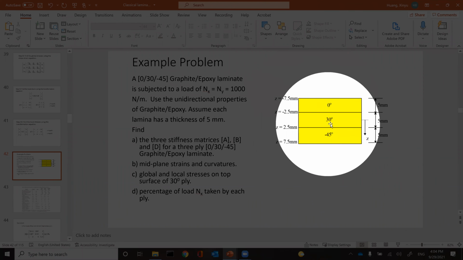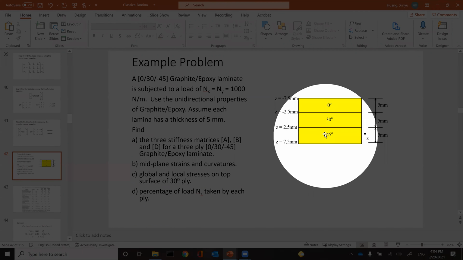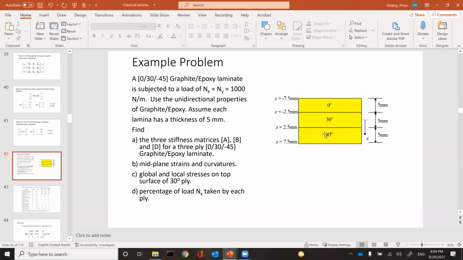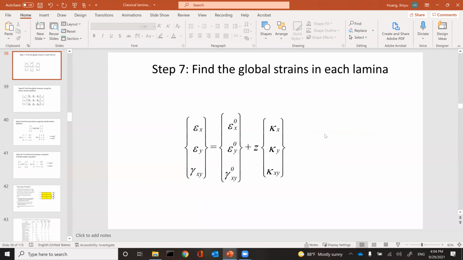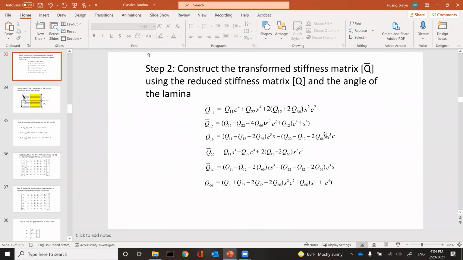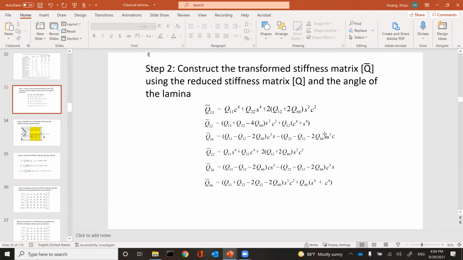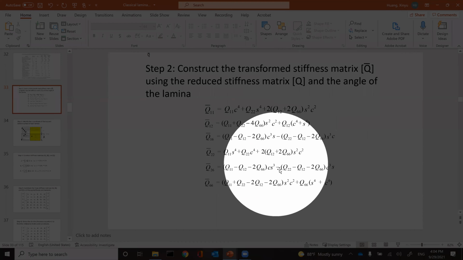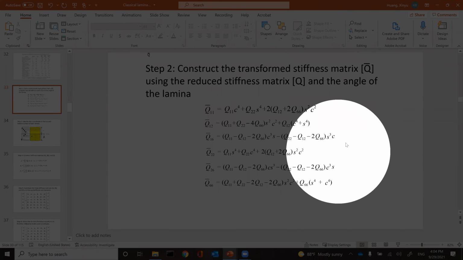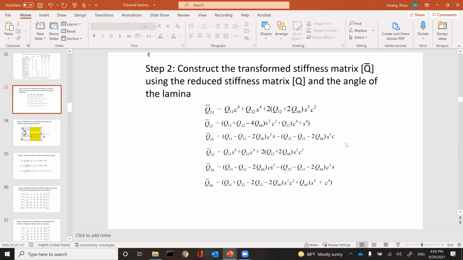For the second ply, theta equals 30 degrees. For the last ply, theta equals minus 45. You just calculate, plug and chug. A little bit tedious if you do it manually, but if you write a program, you write it once and you can use it forever. You type it in MATLAB once, and then you use it forever. You can debug and check.